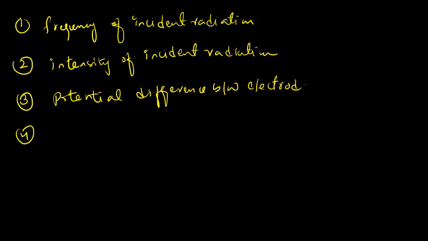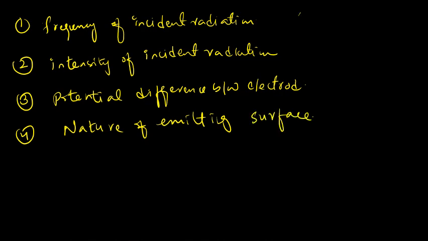And number four, the nature of the emitting surface, that is the plate that emits the electrons. So these are the four parameters which affect the photoelectric effect. Now we will discuss how these parameters affect the photoelectric effect.